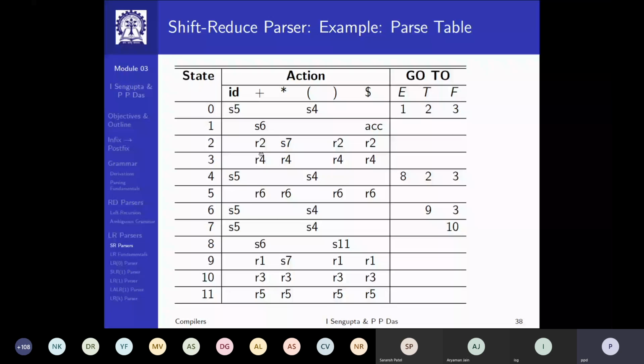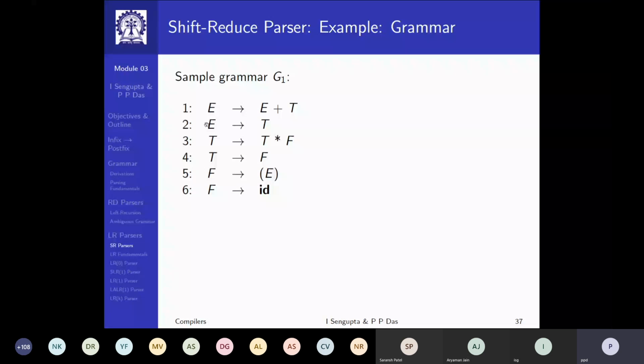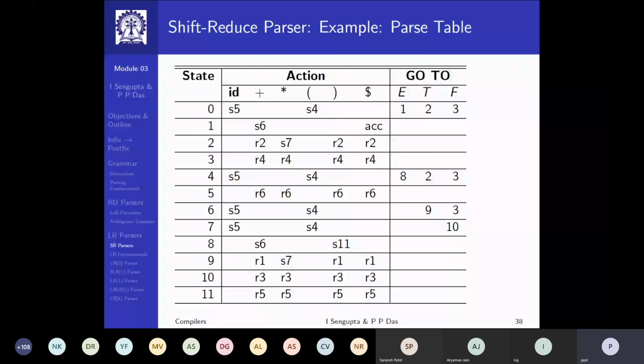As I do these reductions, let's take another case, say R1 here. If I'm in state 9 and my input symbol is closing parenthesis, my action is R1, which is reduction by 1, which means that on the top of the stack, I expect to see E plus T, all these three symbols one after the other, so that I will be able to take out three of them, E plus T. Thrice I take out, I get E plus T out.